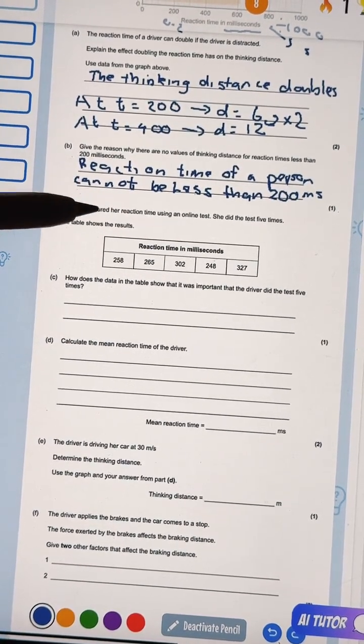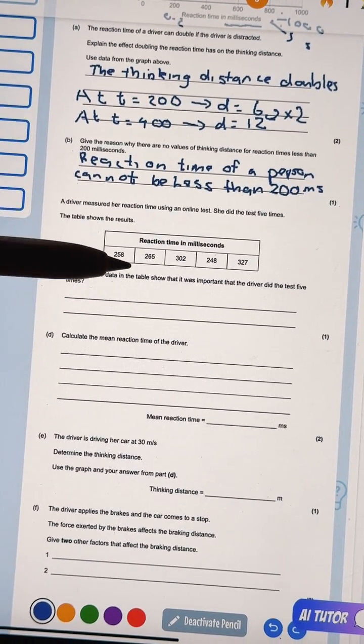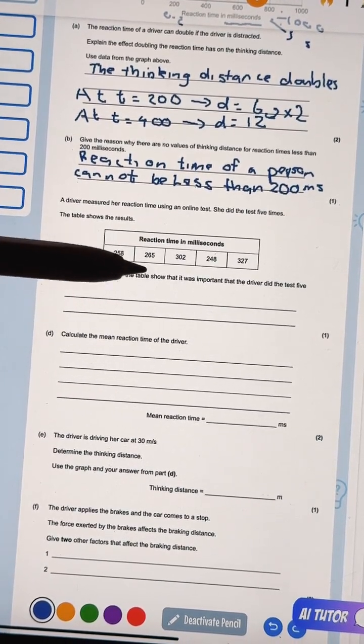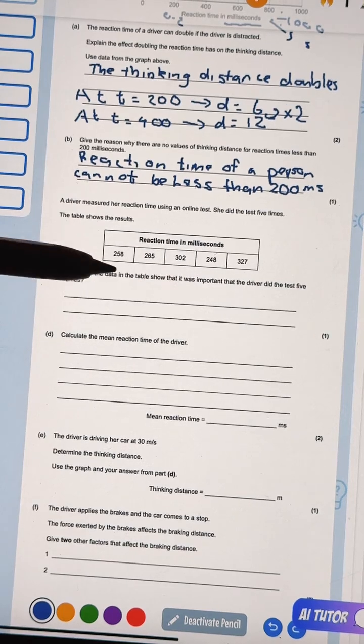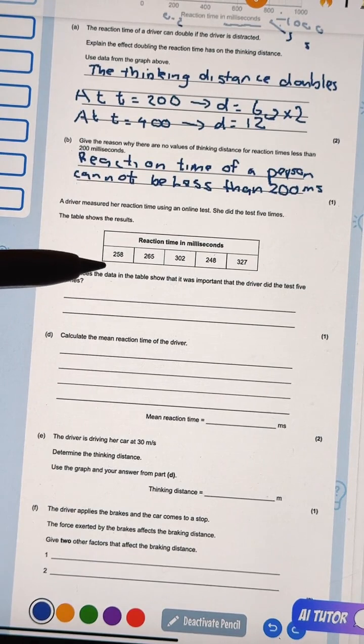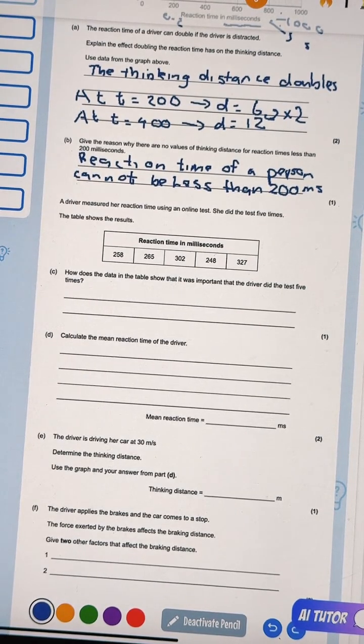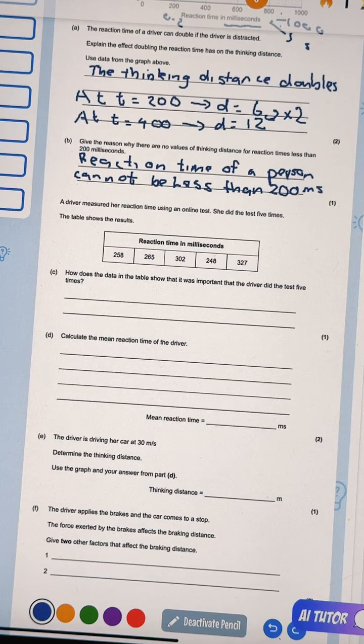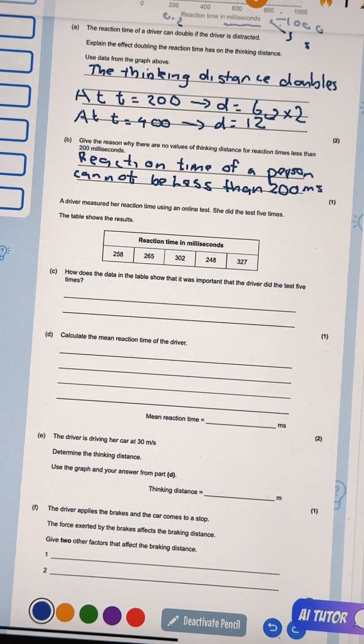When you're doing several experiments, most of the time we always say to take repeat measurements. Do the measurement or the experiment several times. So with the data that they've given here, why is that important? What are we seeing in the results every time she's doing the test? Anyone have an answer for that?